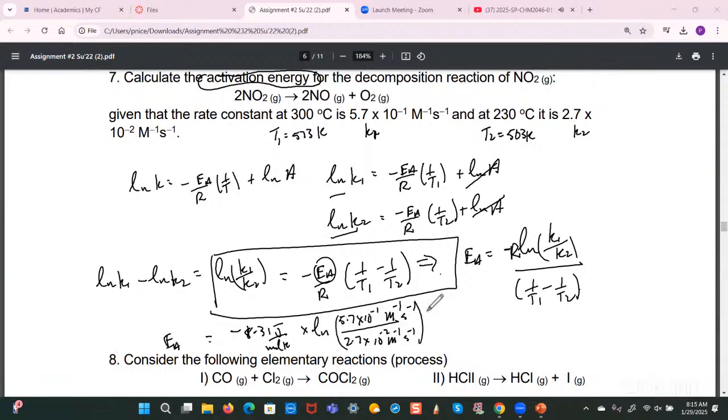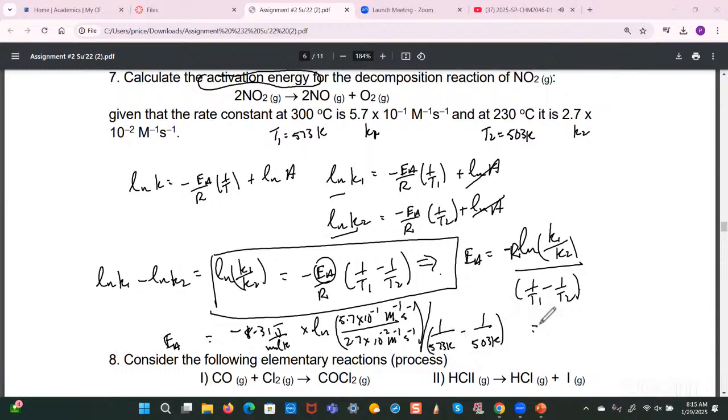And then I divide all of that by 1 over T1. What's T1? 573 Kelvin, minus 1 over T2. What's T2? 503 Kelvin. 1 over 503 Kelvin. All right.